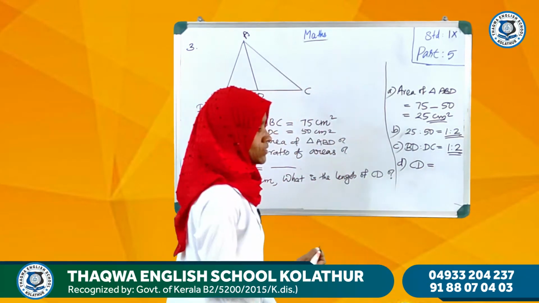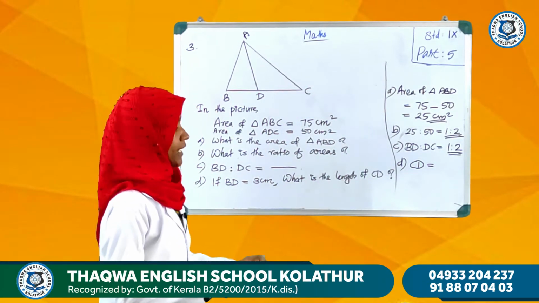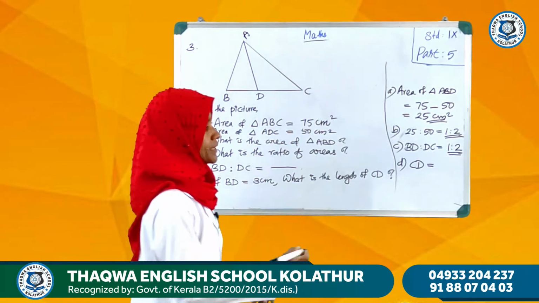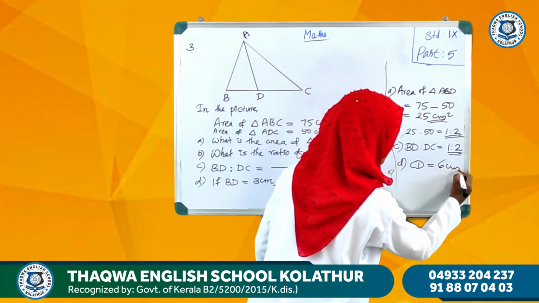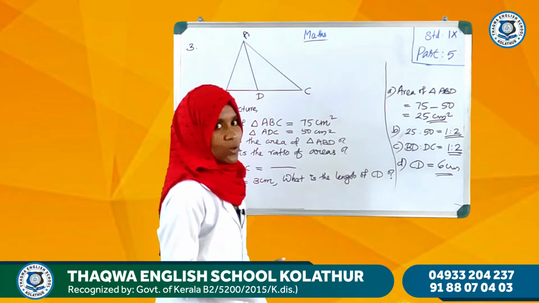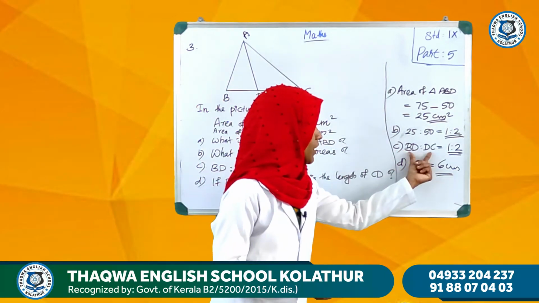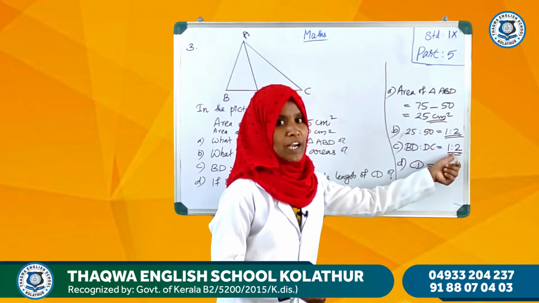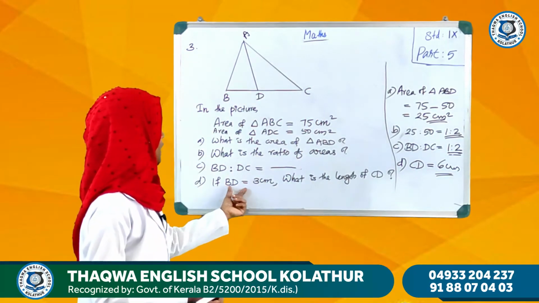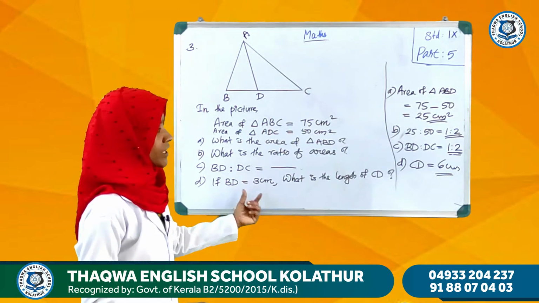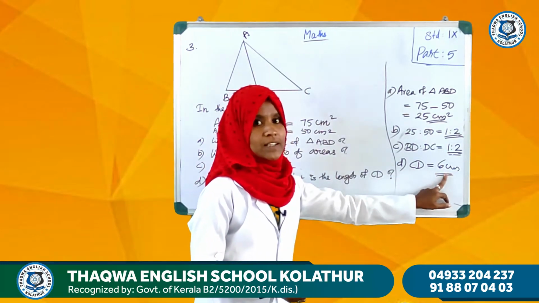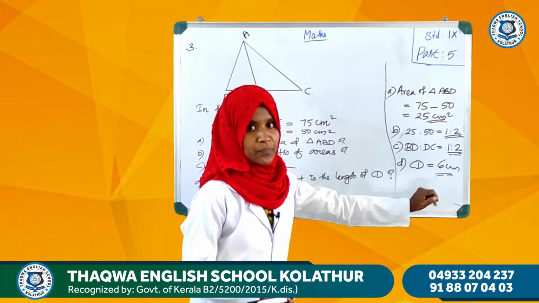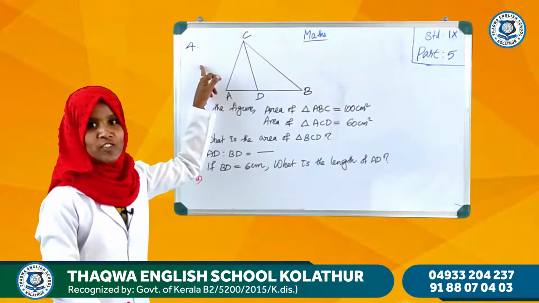CD is double of 3, that is 6 centimeter. Why? We have the ratio BD is to DC is 1 is to 2. That is, if the length of BD is 3 centimeter, then the length of CD is 6 centimeter. Okay. Next question.